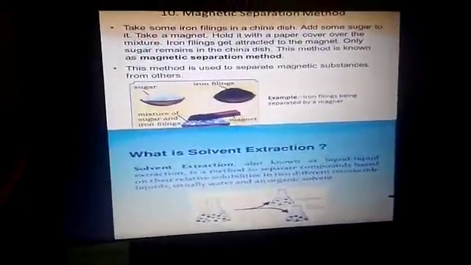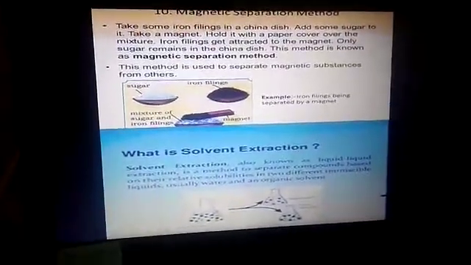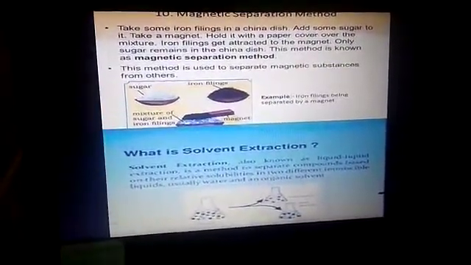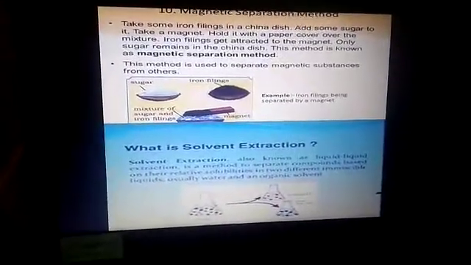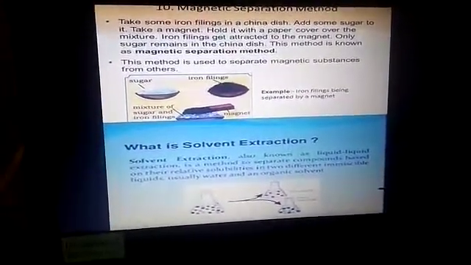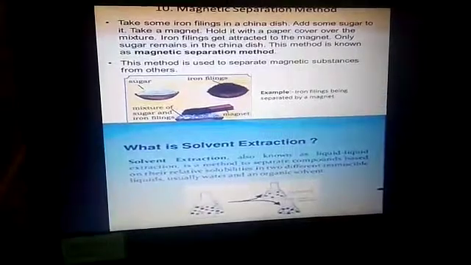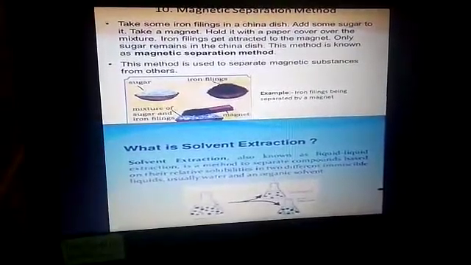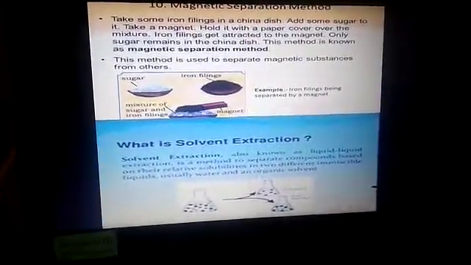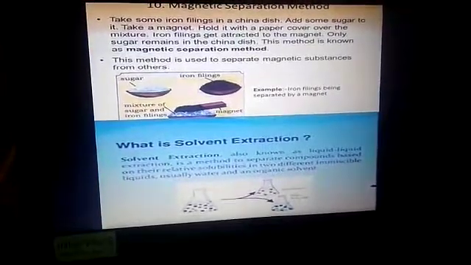For example, take some iron filings in a china dish, also called a petri dish. Add some sugar to it. Take a magnet and hold it with a paper cover over the mixture. The iron filings get attracted to the magnet.